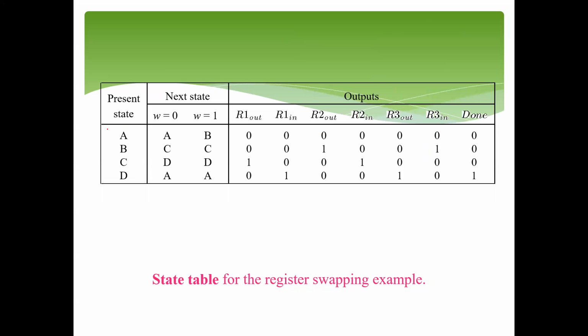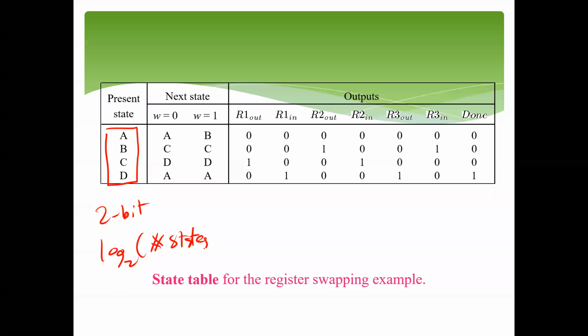So from the diagram, we need 4 states. How many bits? The minimum bits to represent those is 2 bits, which is log 2 of the number of states. So log 2 of 4 will equal to 2. So I need 2 bits to represent each state. Now, the next state, you can go to your state diagram and come up with these values.